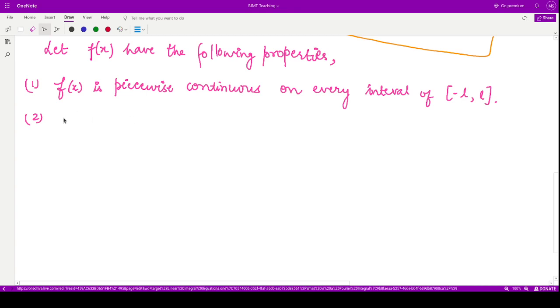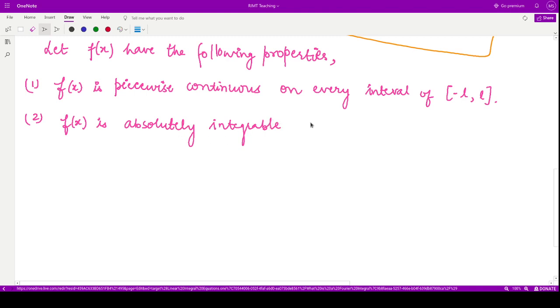Second condition is that it should be absolutely integrable. Now what does it mean? Absolutely integrable means that the absolute value of the function could be integrated.